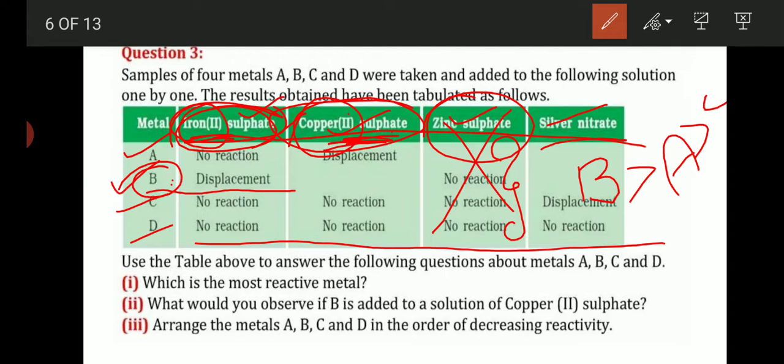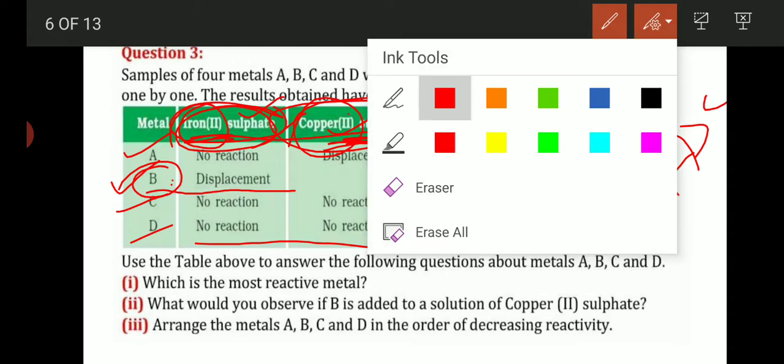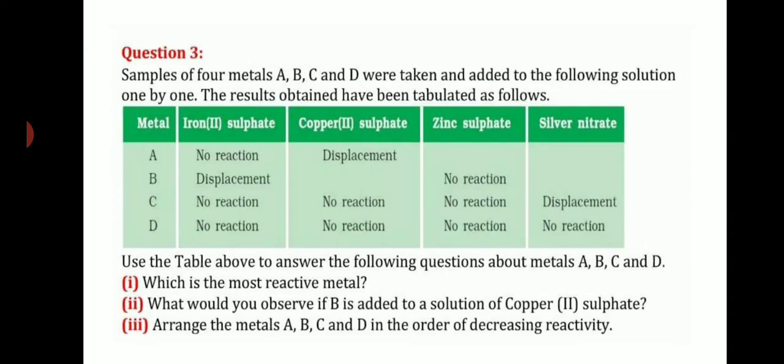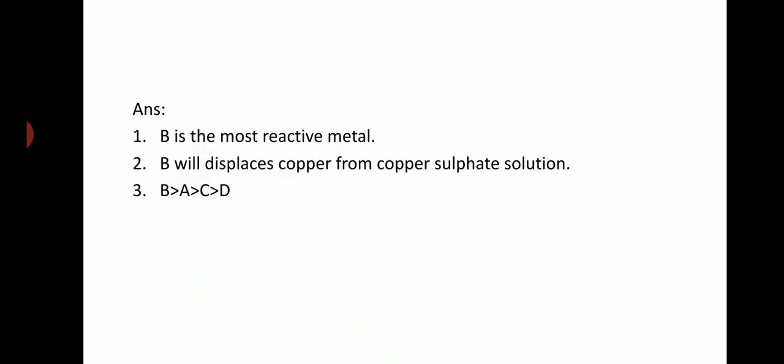That means D is the least reactive metal. Okay, let's see the answers now. So B is the most reactive metal, and B will displace copper from copper sulfate because it is stronger than copper, and this is the decreasing order of reactivity of metals.